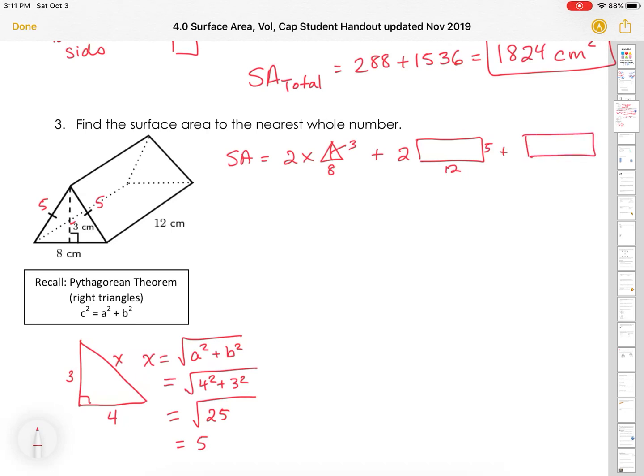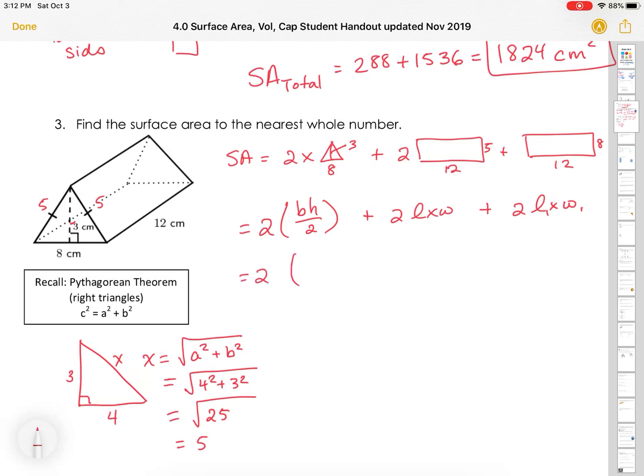And then I have 1 rectangle all by itself which has a width of 8 and a side of 12. So I've got to find 3 different areas. So 2 times a triangle, 2 times base times height over 2, plus 2 times the rectangle, 2 times length times width, plus 1 times this rectangle. I'm just going to notate my length and width differently, L1 and W1, just so they're different.